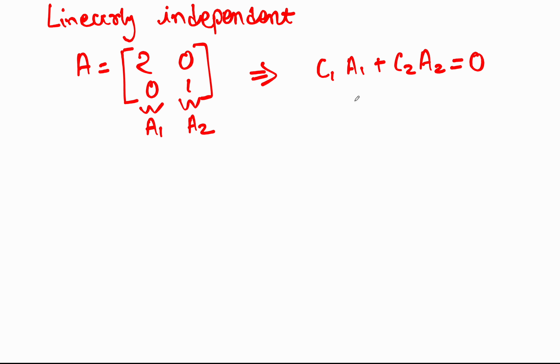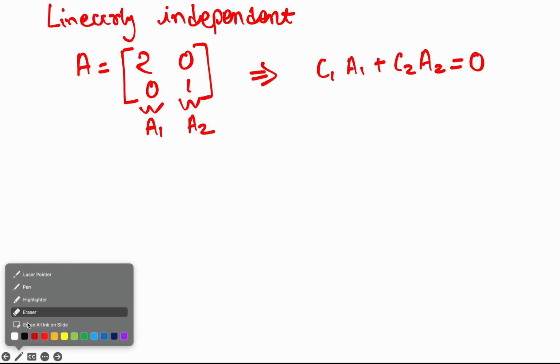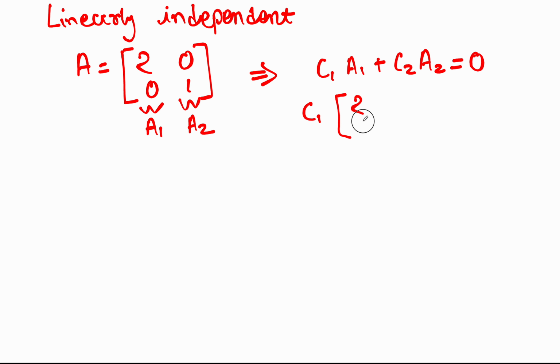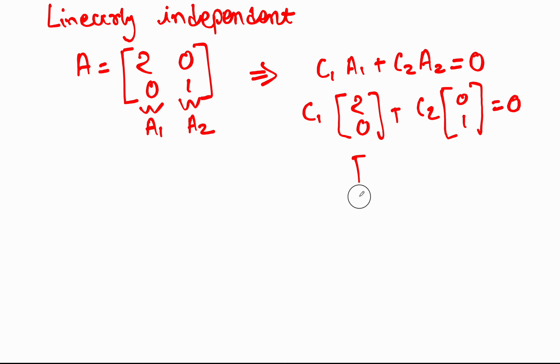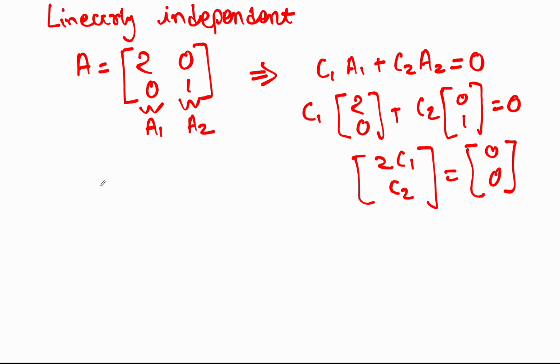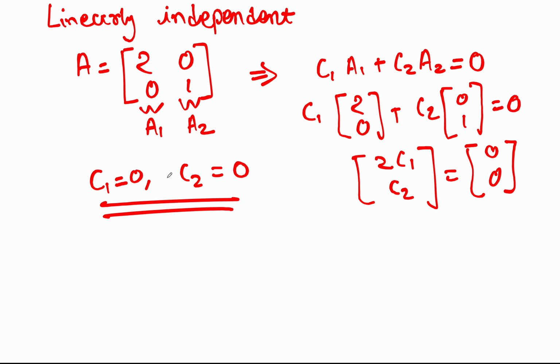If we write this out, c1 times 2 0 plus c2 times 0 1 is equal to 0. That gives 2 c1 and c2 equal to 0 0, and with this we get c1 equal to 0 and c2 equal to 0. So we can see that these two are linearly independent vectors.